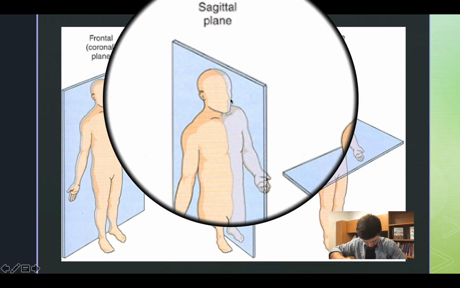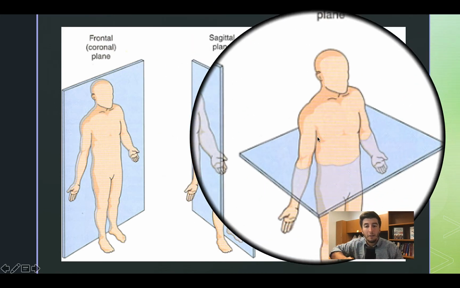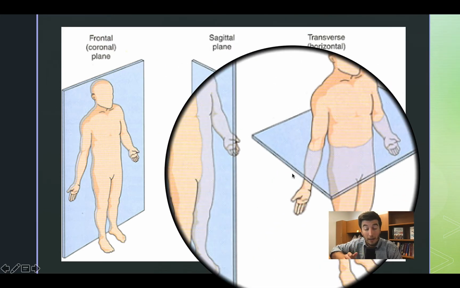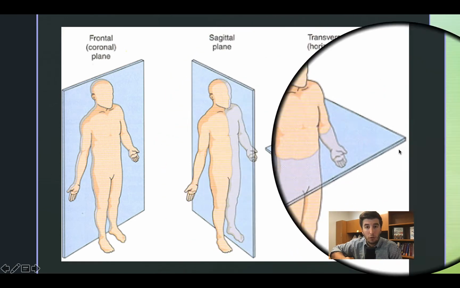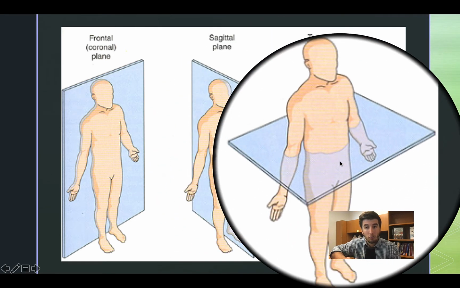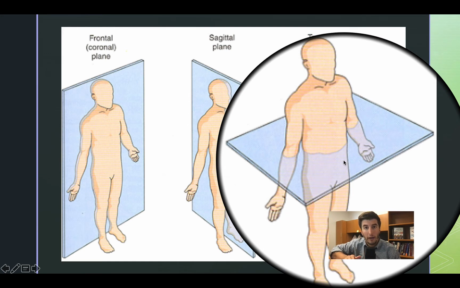As you move the head forward and backward, you're going to actually be moving in the sagittal plane, so in this front to back motion. In the transverse plane, we're going to have the exact same thing again, right? We're going to actually be moving about this two-dimensional planar structure, this two-dimensional line or surface, if you will. So these rotating movements are actually occurring within a transverse or a horizontal plane.